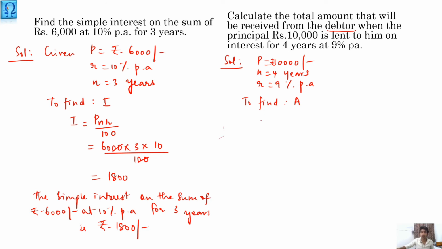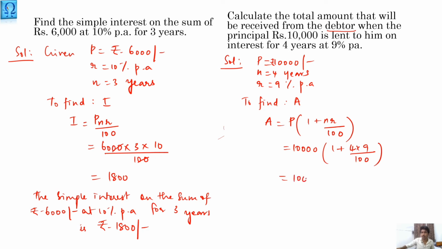Here we know that A can be written as P times 1 plus NR upon 100. Here the P value, N value and R value are given and we are asked to find the A value. It is 10,000 times 1 plus N value 4, R value 9 upon 100.